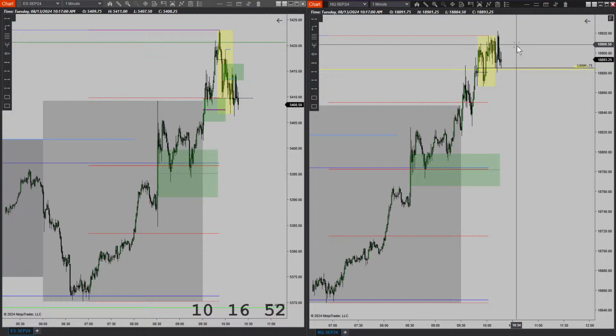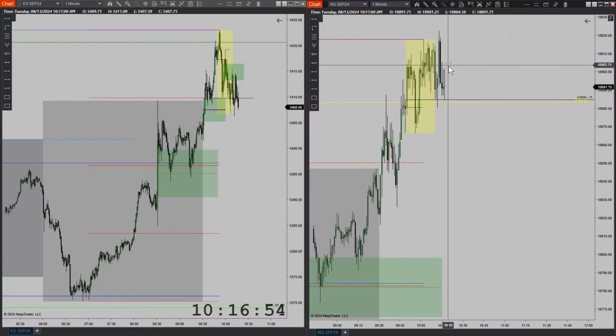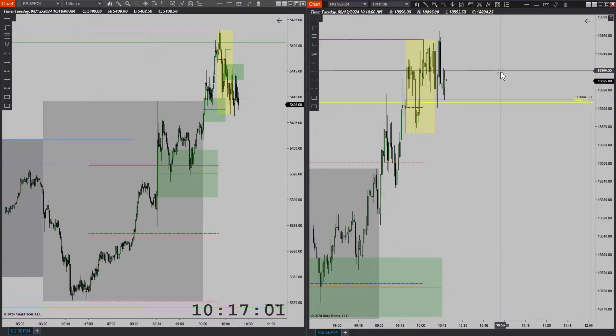It does look like we're at the wicks here and these wicks. Price is very balanced right now. That's what it's telling me.